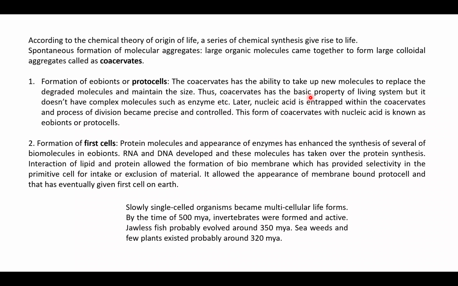The coacervates have the basic property of a living system, but not complex molecules such as enzymes. Later, a nucleic acid was entrapped with the coacervates, and the process of division became precise and controlled. This form of coacervates with nucleic acid is known as eubionts or protocells.